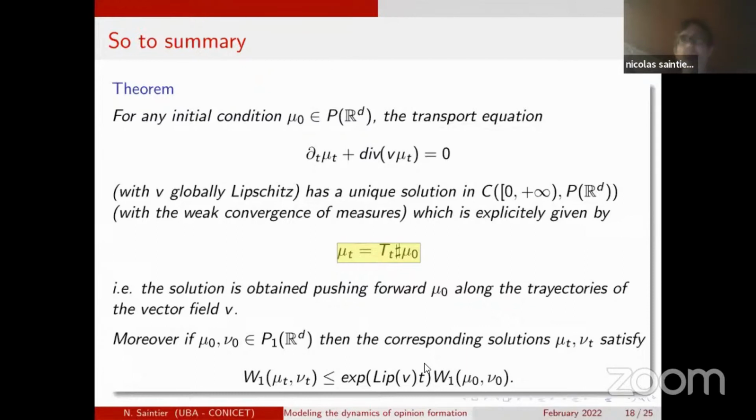One direction we will be looking at now is when V depends on the solution mu itself, and this is relevant in a lot of problems. We'll see one example now, and tomorrow we'll get another equation where V explicitly depends on the solution mu itself. So we need to extend this kind of result to this kind of vector field.